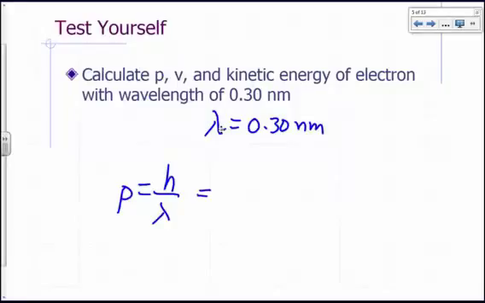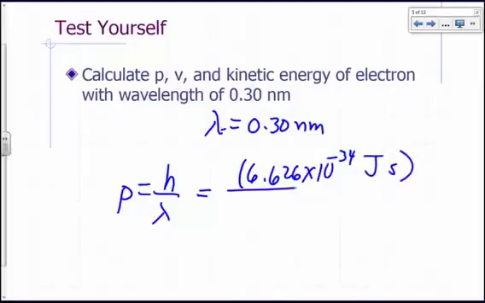Right? So h is 6.626 times 10 to the negative 34 joule seconds divided by lambda, which is 0.30 times 10 to the negative 9 meters.